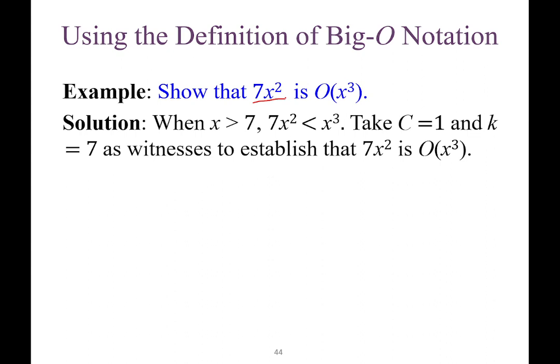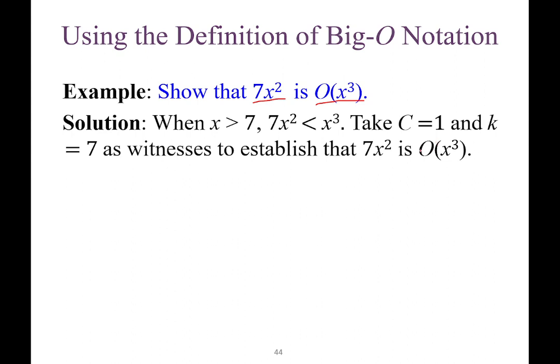In this case, we want to prove a looser bound: it is also big O of x cubed. You can see x cubed grows faster than x squared if you plot these two functions. So if 7x squared is big O of x squared, then for the faster-growing function x cubed, it will be big O of x cubed as well.